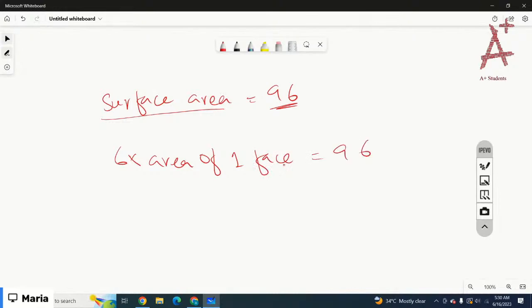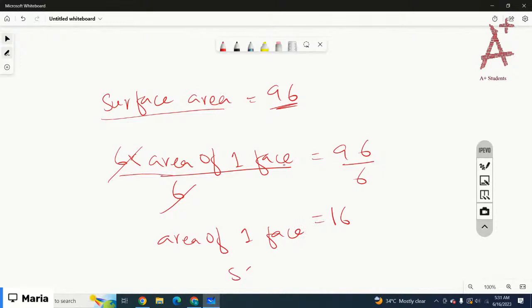We need to calculate the area of one face, so we have to divide both sides by 6. It would be 16. We know that this is the area of one face, and the area of one face is side times side equals 16.